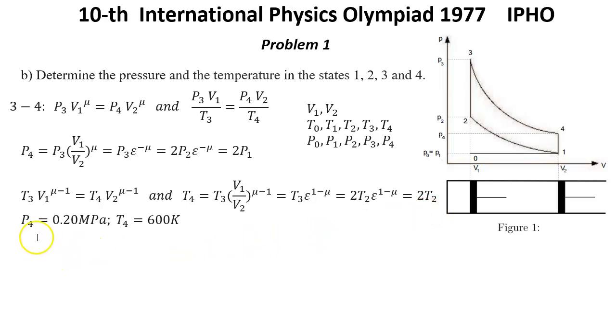Numerically we get P4 equal 0.2 megapascal and the temperature T4 equal 600 Kelvin.